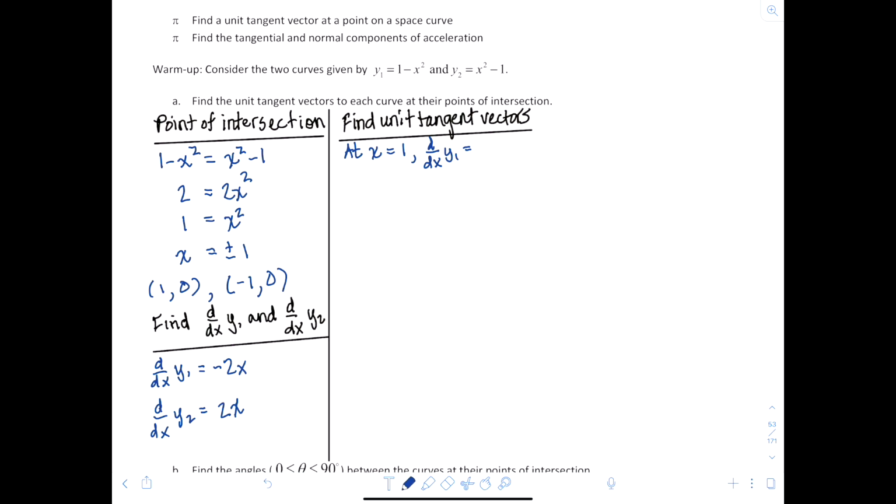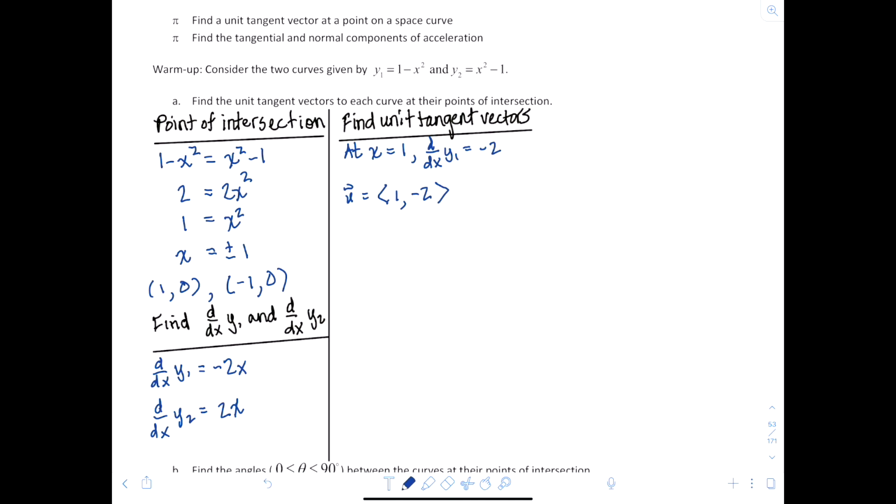We're going to get negative 2 times 1, which is negative 2. Cool so far? And so that means it's going to have a slope of negative 2. And so therefore we can let some u vector equal 1, negative 2, right? That gives us a slope of negative 2.